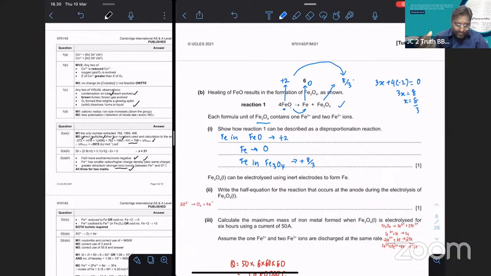Actually, there is no need to count this, since they say that it contains one Fe2+ and Fe3+. So you can just take it as Fe3+. It is changing from +2 to +3. So you can just mention this.